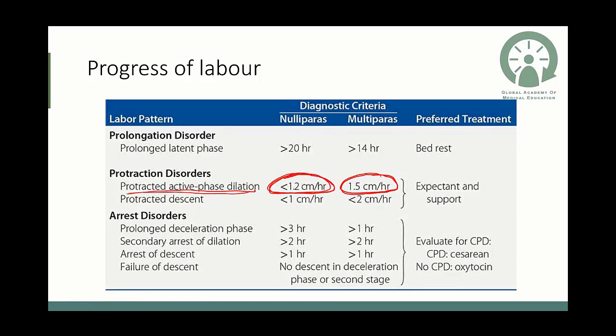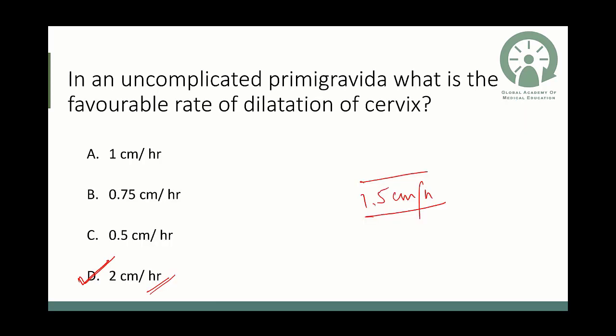So anything less than 1.2 is abnormal. So 1 cannot be the answer, 0.75 cannot be the answer, 0.5 cannot be the answer. So 2 is the only thing that is remaining on board.